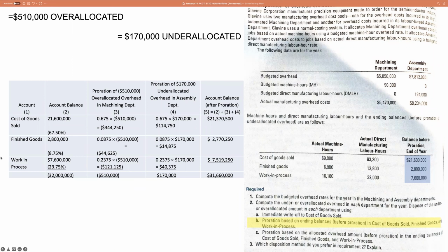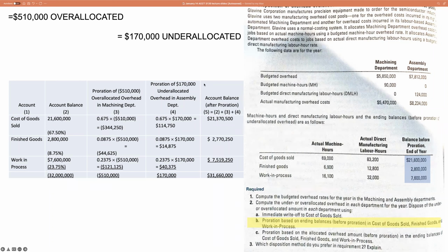Oh, that? I see. So this is the balance prior to the adjustment, right? Column 2 is the balance prior to the adjustment, and this information is given. And number 3 is for the over applied machining department. Remember, this number will reduce the balance. So we are using the proportion, the percentage, so we know how much of this balance should apply to each account.